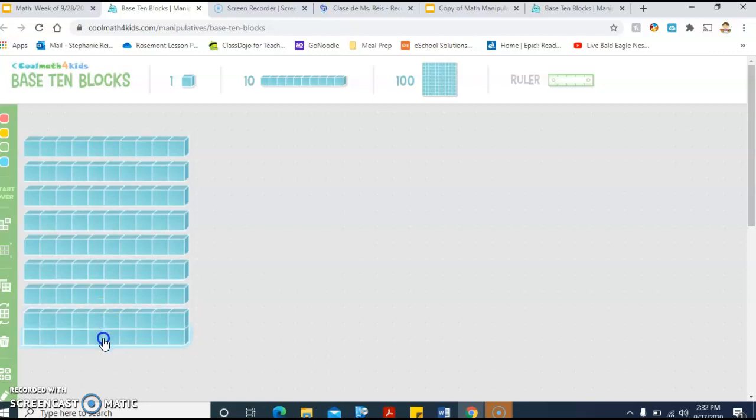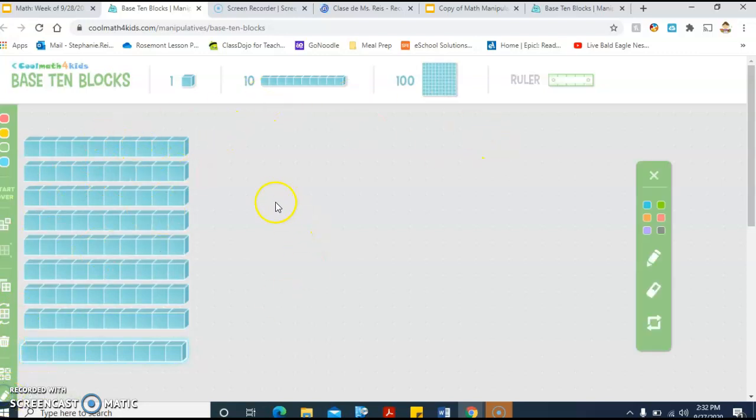Okay? Move that a little bit so y'all can see. Okay, so I have 9 rods, and I'm going to write. So, right here I have 9 in the tens position. Okay?